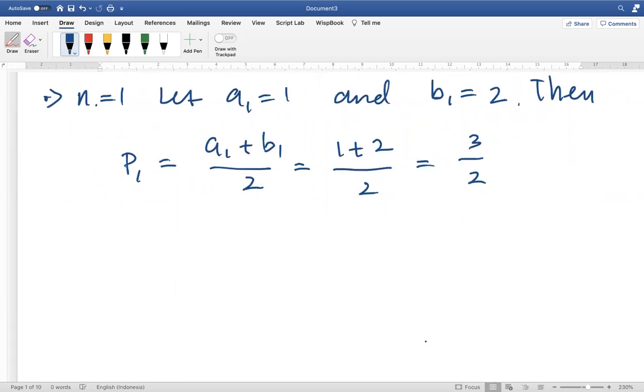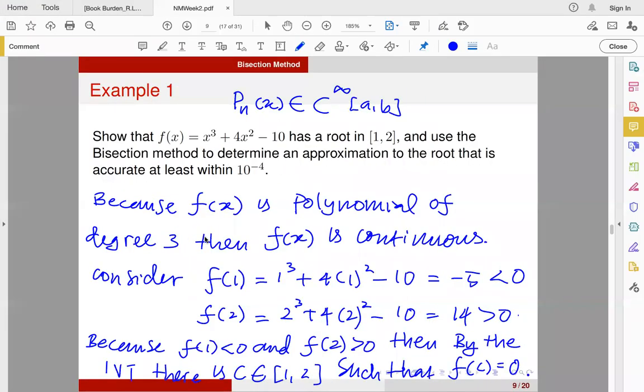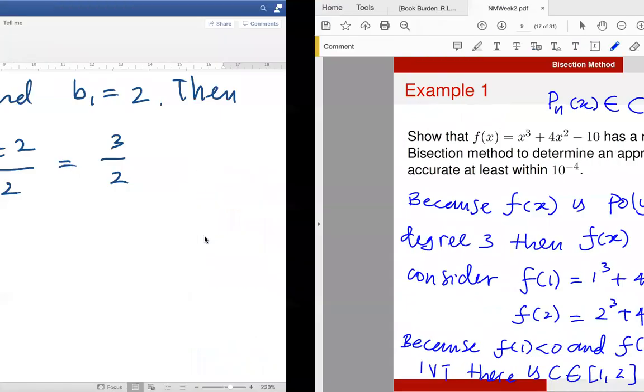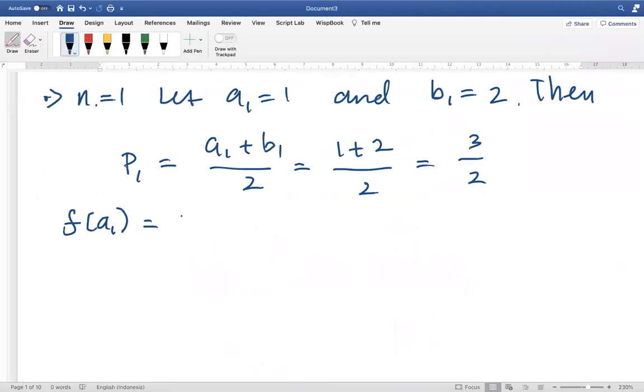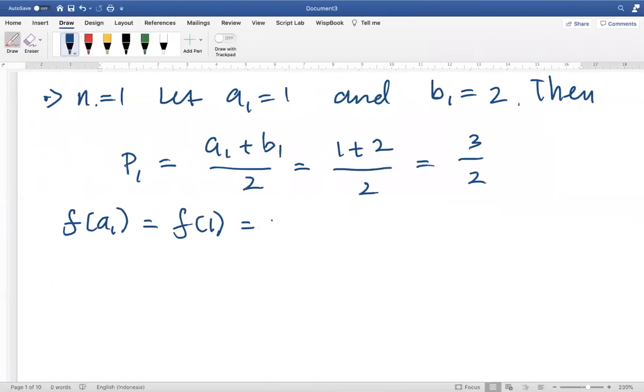Previously we already have f(a1). f(a1), or f(1), is minus 5, negative.